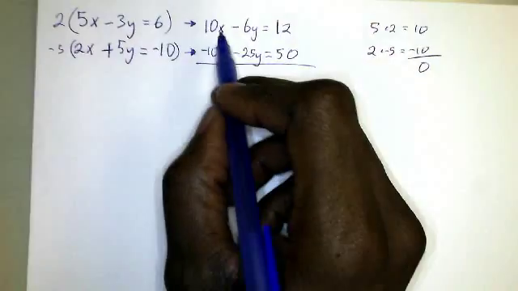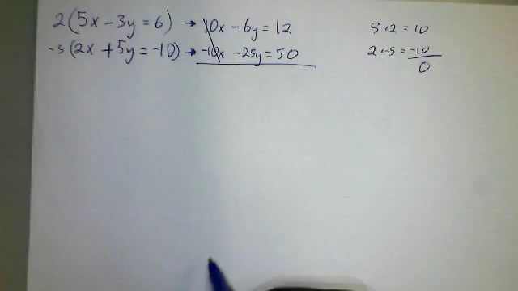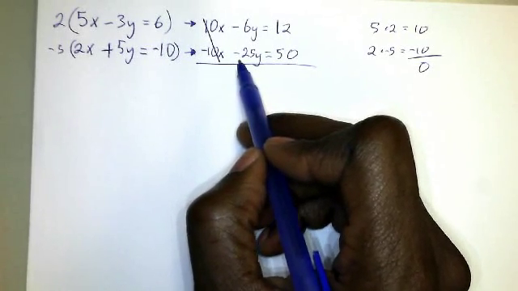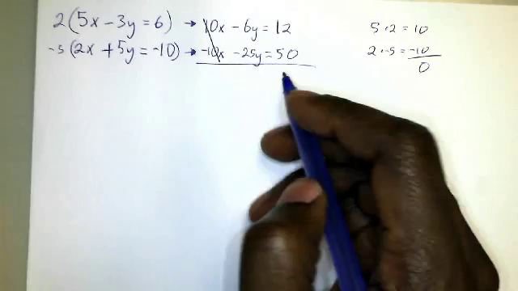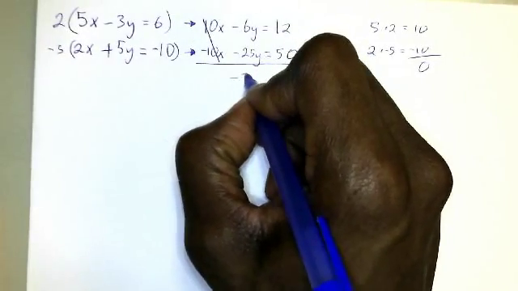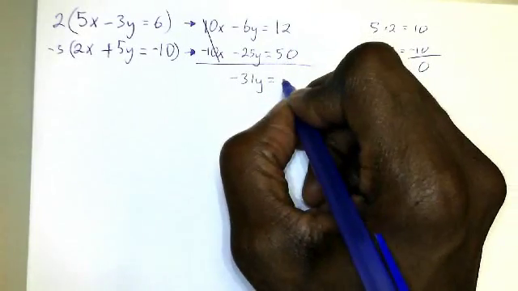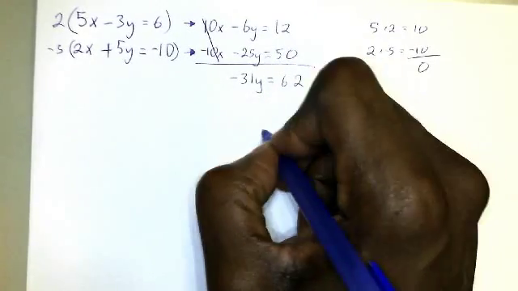Now we add them together. The x's cancel. We've got negative 6 and negative 25. When we combine them together, we get negative 31y is equal to 62.